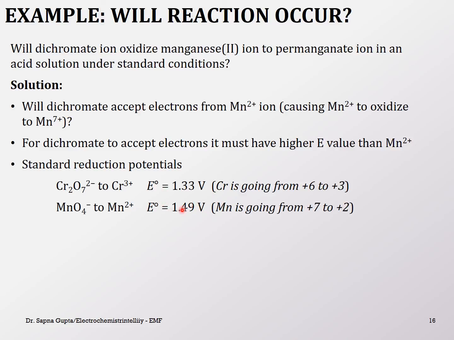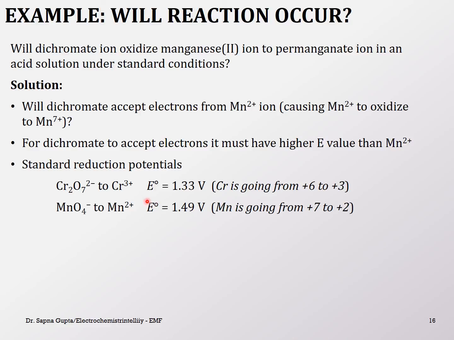If manganese has a higher electrode potential, it means that manganese will actually prefer to accept electrons from chromium, not the other way around, because of the higher electrode potential. That's really what you're looking for in order to figure out if a reaction is going to occur or not. If I were to reverse the table on you and ask if permanganate ion will oxidize dichromate, you will say yes, sure it will.